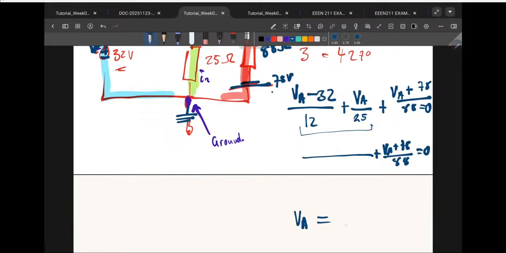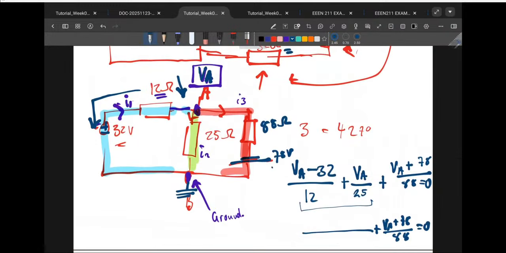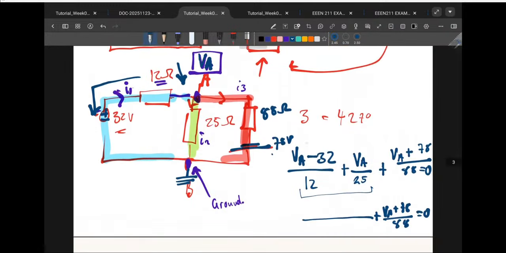And once you find your VA, you can start to find the branch currents, I1 and so on, because this is going to be I1, this is going to be I2, this is going to be I3, the branch currents. And you can have your currents. Once you have these branch currents, you can start to work with everything else.